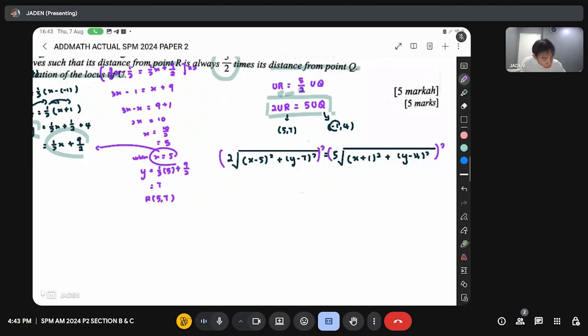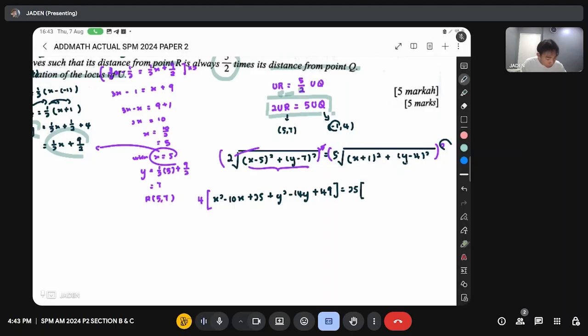Okay, so to kickstart, we will square both sides. So 2 square is 4, square root and square cancel, so everything inside here you want to expand it out. Expand it out means you get x squared minus 10x plus 25 plus y squared minus 14y plus 49, close bracket. 5 square is 25.